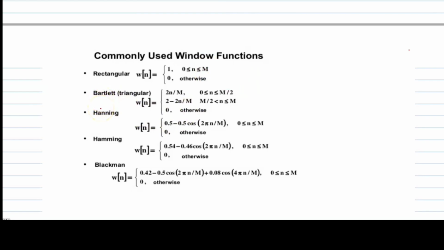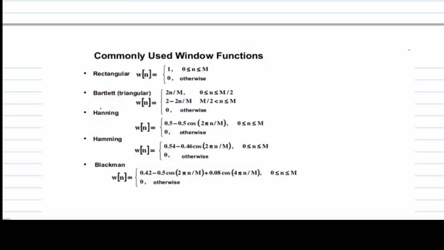W of n is equal to 0.54 minus 0.46 cos of 2 pi n divided by m for 0 less than or equal to n less than or equal to m, 0 otherwise.